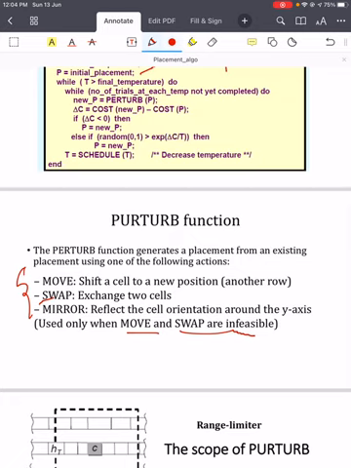In that case, the pin location of the block may change, but its position will remain the same. So the part of function selects the third action, the mirror action, only when move and swap are infeasible.